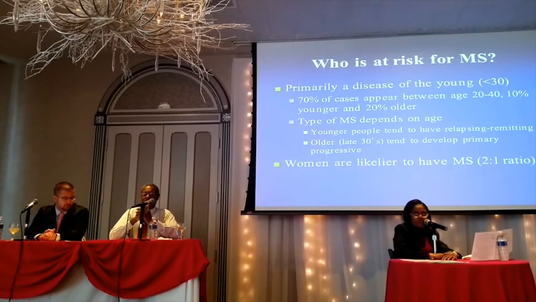Now, women are likelier to have multiple sclerosis, and again, we don't know why. There are a few guesses. As the ladies might guess, the guesses mostly center around hormones. We're not 100% sure how that is related, but again, there's ongoing research.